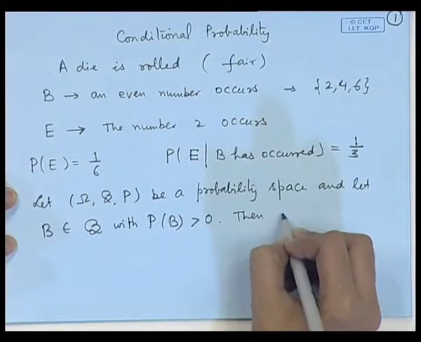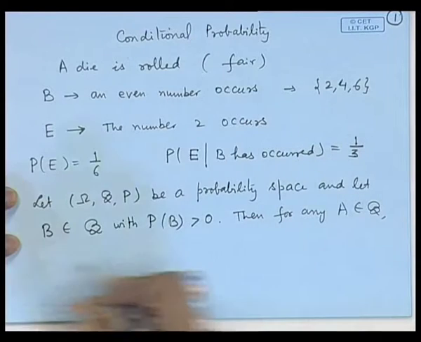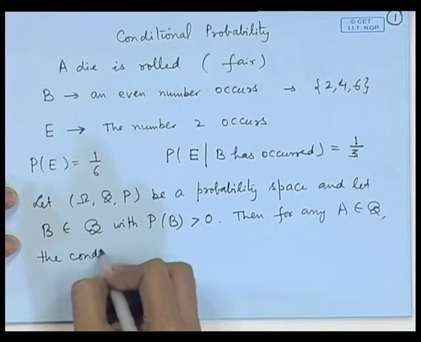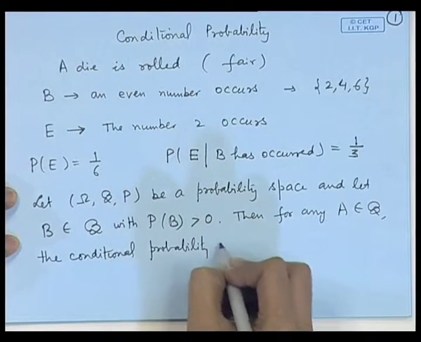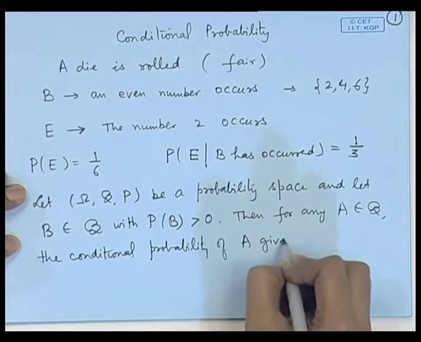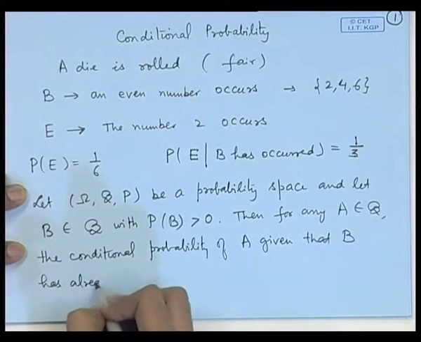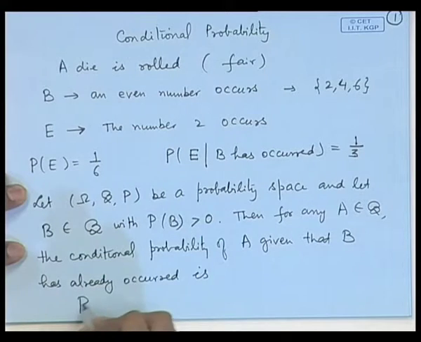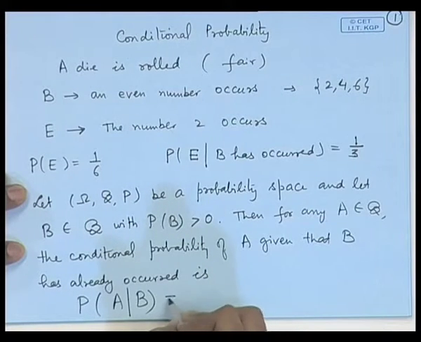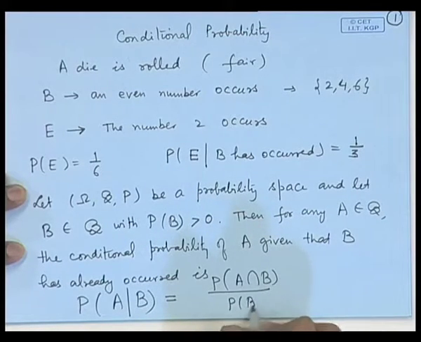Then for any event A, the conditional probability of A given that B has already occurred is defined by P(A given B), which is the notation, defined as the probability of A intersection B divided by the probability of B.